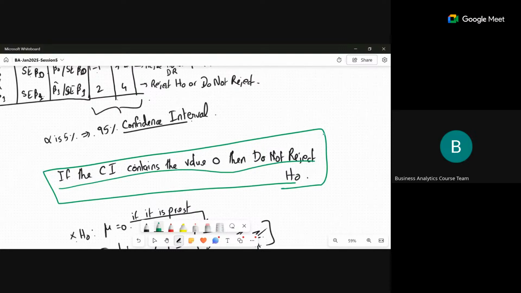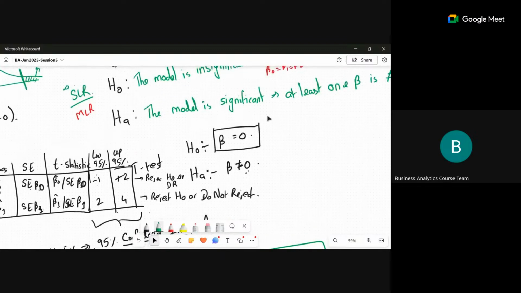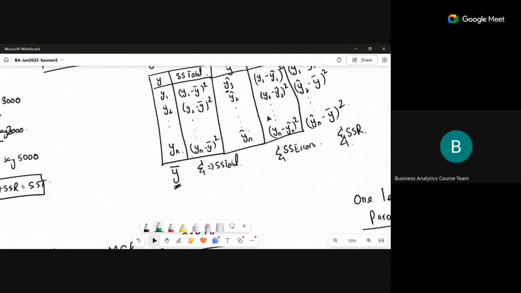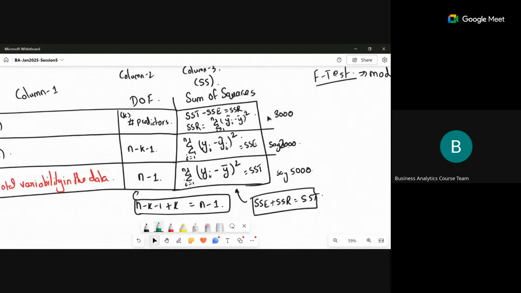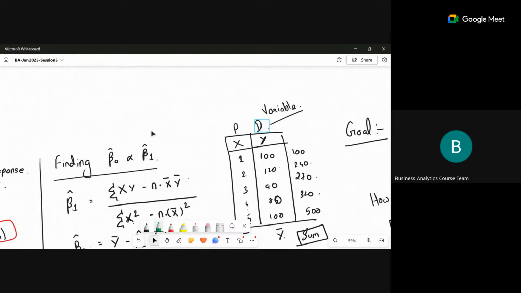This is true for any confidence interval, 95%, 90%, 85%, whatever. That percentage depends on your alpha. The alpha depends on your type 1 error. Okay. So this is how you interpret an SLR model that you build using Excel for a data set, and when you can use SLR for a demand response curve which is linear in nature.